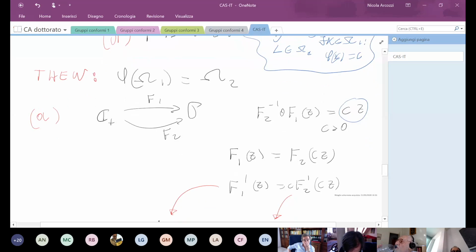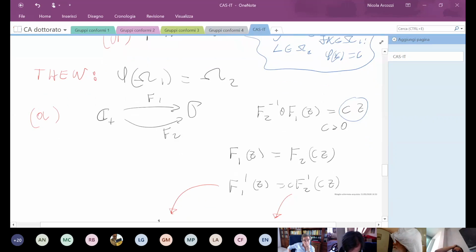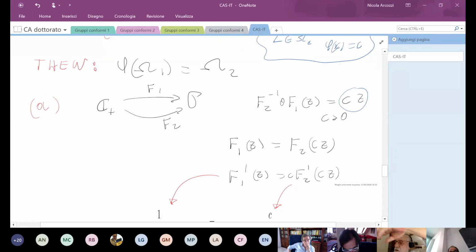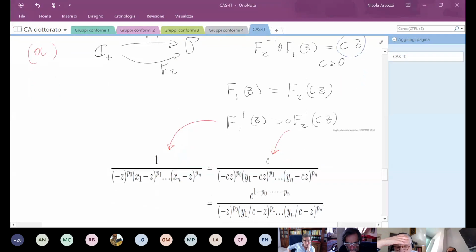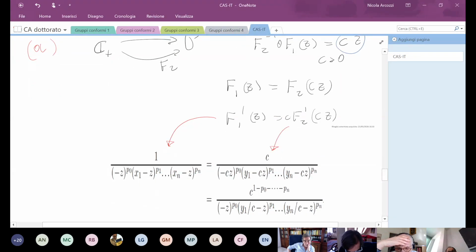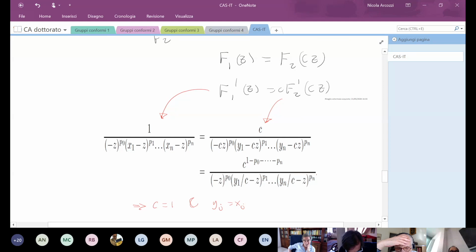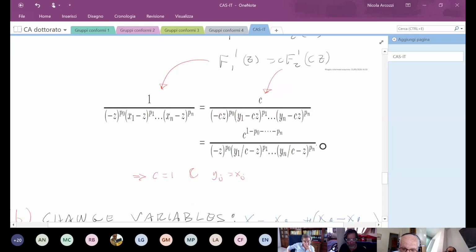It is C times Z, which means that f1 of Z is f2 of CZ, and so the derivative follows this rule. And when I compute the derivative, fundamental theorem of calculus, that's the function I was integrating, and okay, I get this, the term on the left is equal to the term on the right, which I can also write in this way.